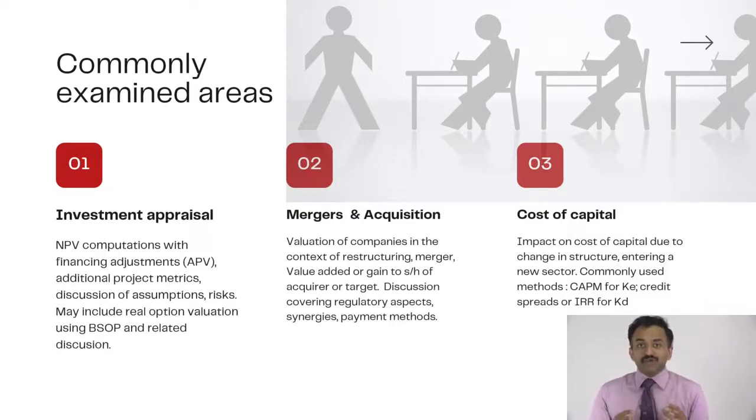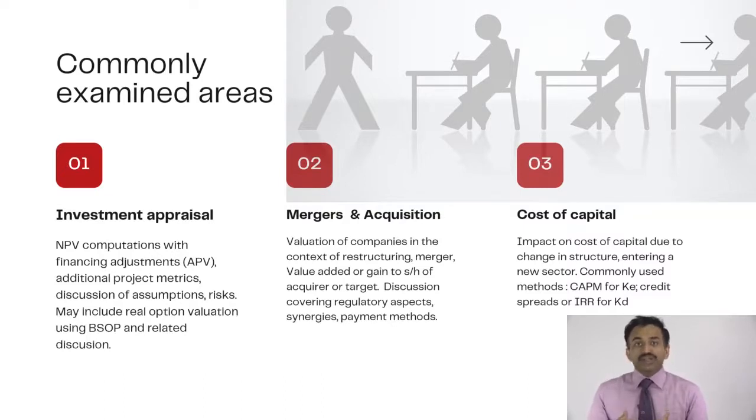Therefore, you need to be well prepared in working with betas, adjusting for business risk whenever there's a merger or a demerger, or sometimes using proxy companies when we are entering a new sector to identify the appropriate beta and then use that in estimating the cost of equity and the WACC.